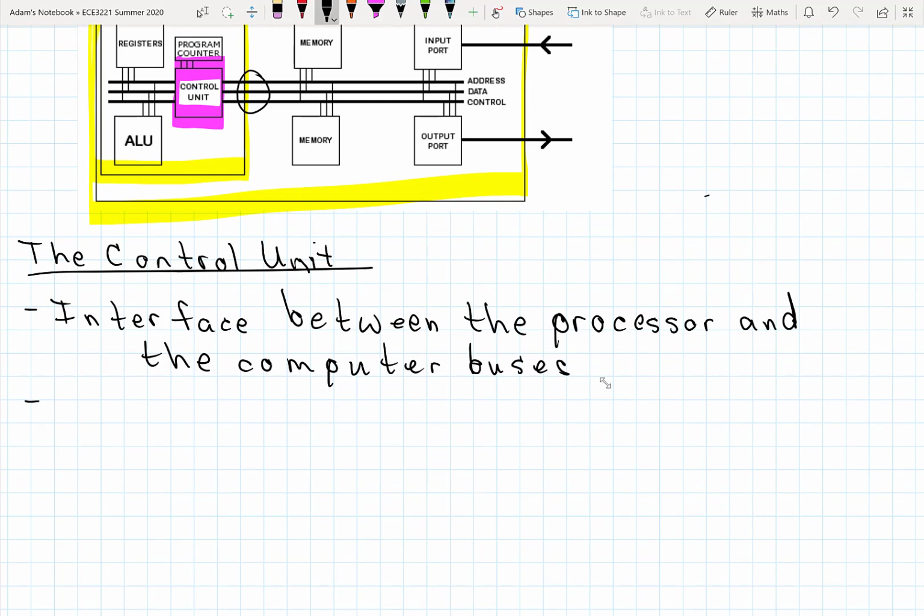It also is responsible for initiating read and write operations by manipulating the address and control lines.